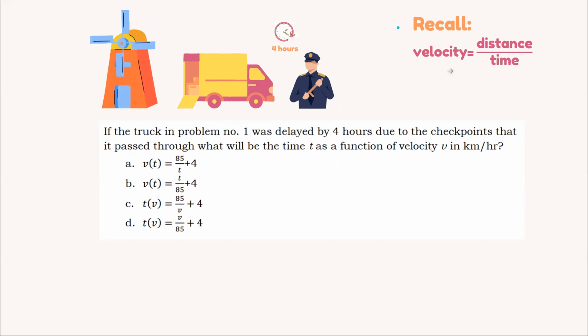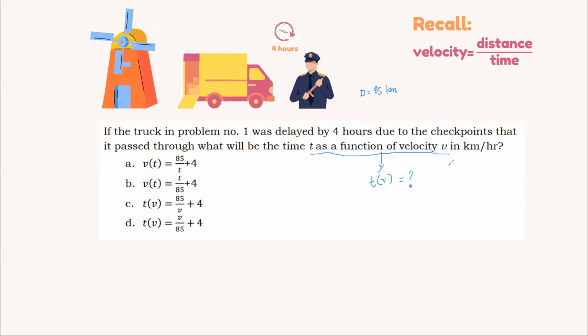So, in this case, the asked quantity is reversed. But we're given an additional clue. Previously, we already have the clue that the distance was 85 kilometers. Now, what is asked is t as a function of v, or t of v.